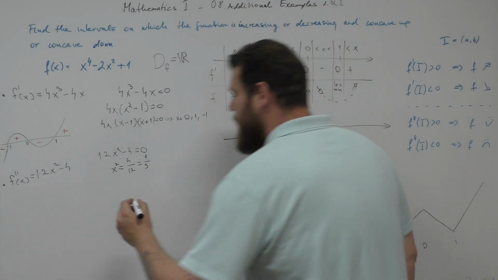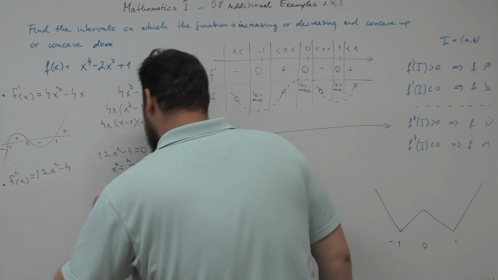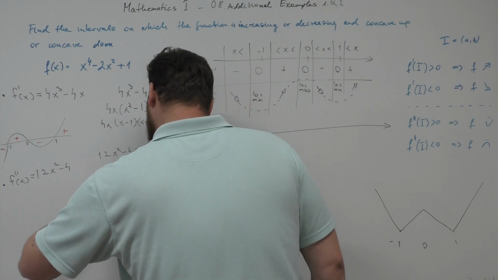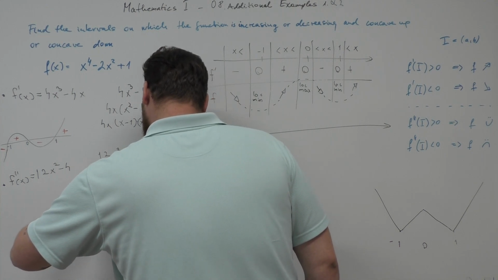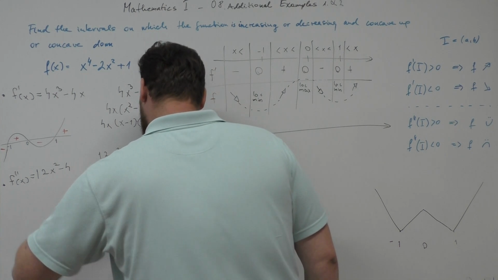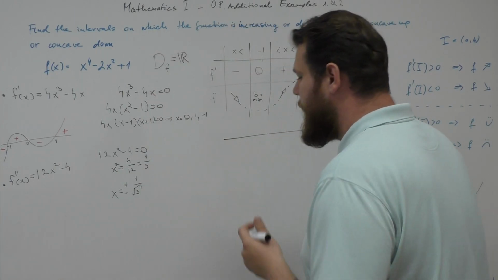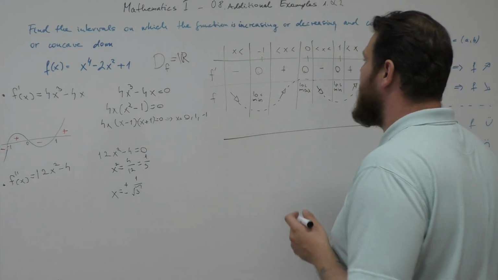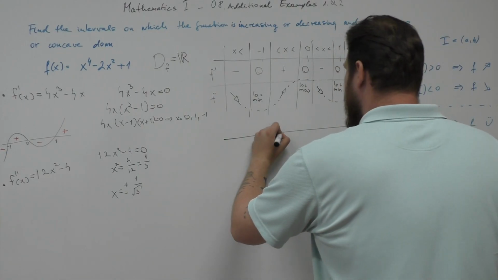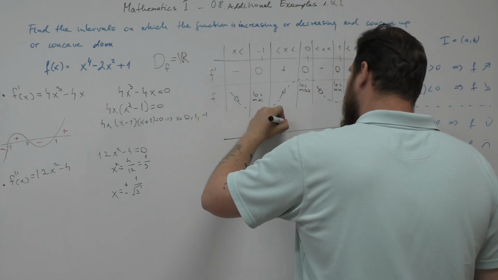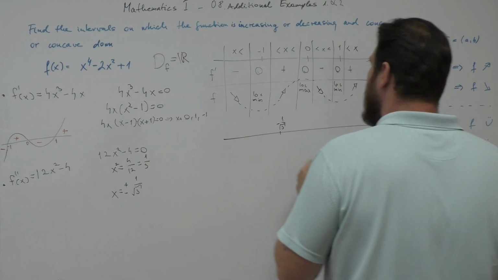So x is equal to plus or minus 1 over square root of 3. Let's put these numbers back on our number line.